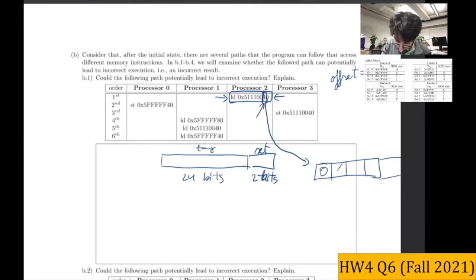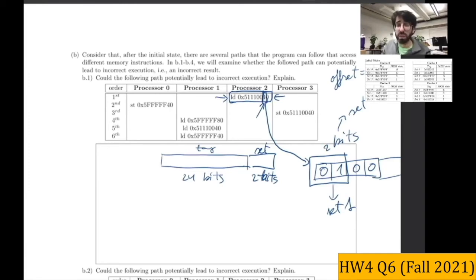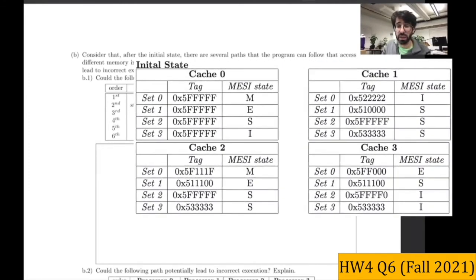This is basically 1, 0, 0, 0, and these 2 first bits are the bits that represent the set. So basically we are in set 1 here. Okay, let's check. So set 1, and we are accessing in processor 2.